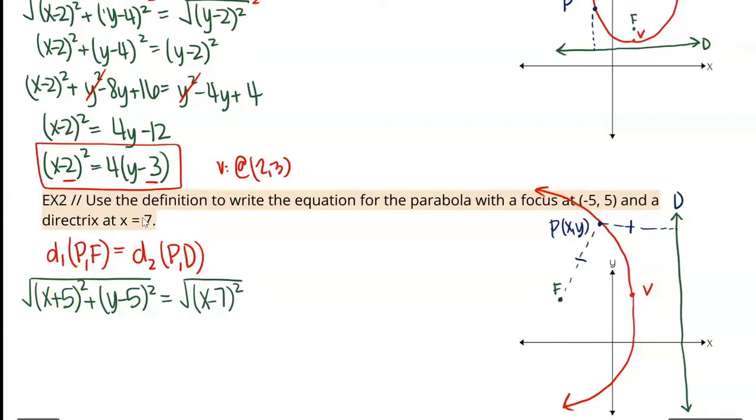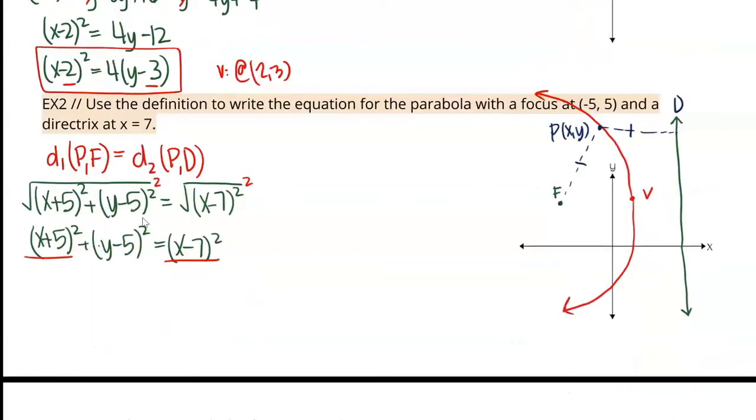I'm going to do the same thing that we did above. I'm going to square both sides, cancel the square roots, so this will be (x + 5) squared plus (y - 5) squared equals (x - 7) squared. This time I have two squares with an x in them, so I'm going to go ahead and FOIL those out, and I'll leave the (y - 5) clumped together.